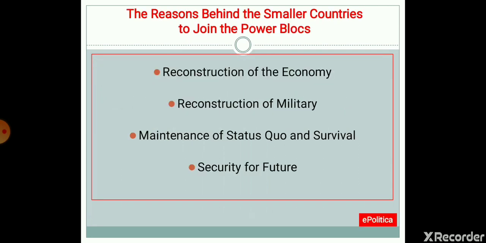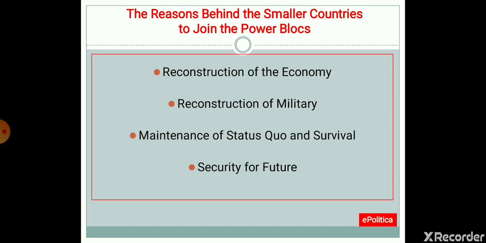Now let us talk about the reasons behind smaller countries participating in this power politics. There must be some reason why the smaller countries were participating. Broadly, some of the reasons are: number one, reconstruction of the economy.